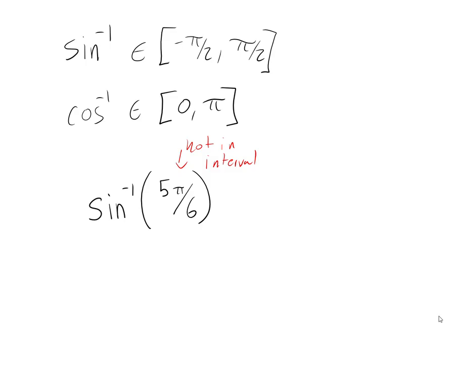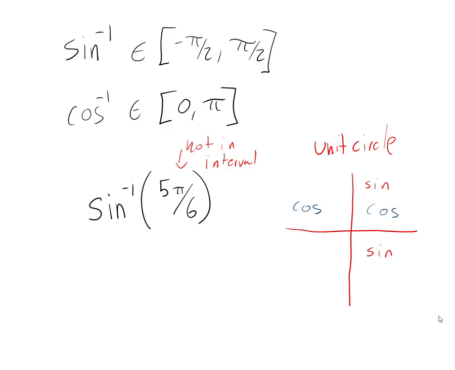So we have to ask ourselves, what is the appropriate interval for which we can do sine? And the way that I would look at it is we're going to go to the unit circle. And we have sine here and sine here, but we're going to have cosine here and cosine here.